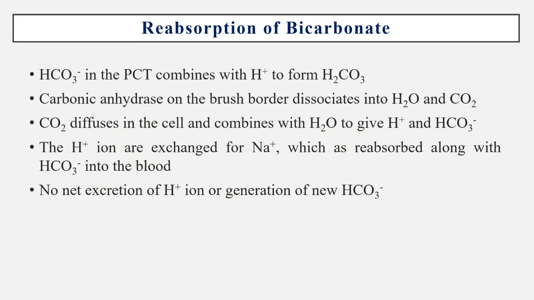On the brush border, this carbonic acid dissociates into water and carbon dioxide, and this carbon dioxide diffuses into the cells and combines with water to give H+ and bicarbonate. These H+ ions are exchanged for sodium, which is reabsorbed along with bicarbonate into the blood. There is no net excretion of H+ ions or generation of bicarbonate.